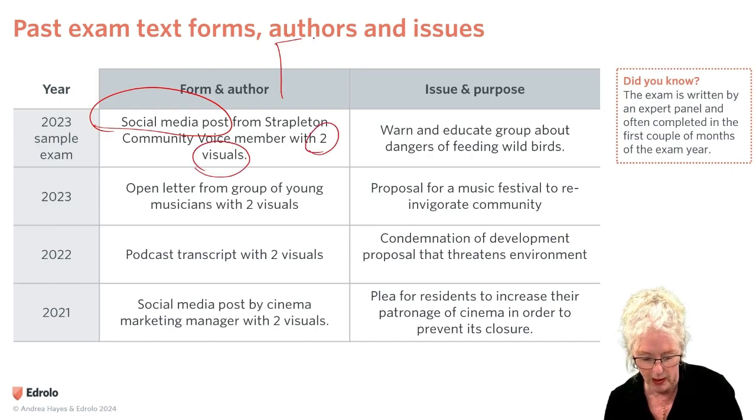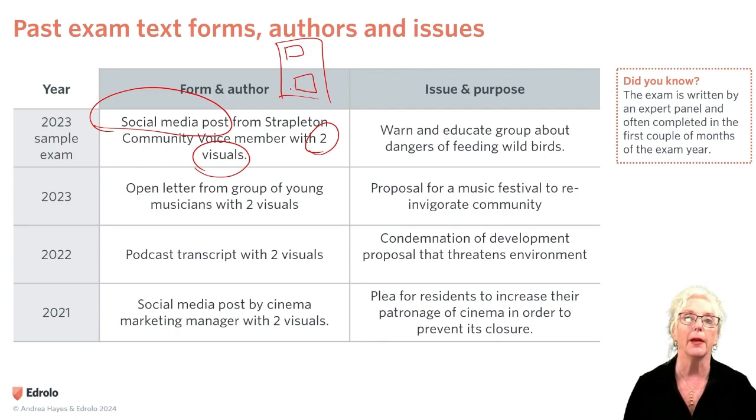So it was one text with the 2 visuals embedded or integrated. The author was a member of the Strappleton Community Voice social media group, just a concerned local. The issue and the purpose was to warn and educate the fellow members in the group about the dangers of feeding wild birds.